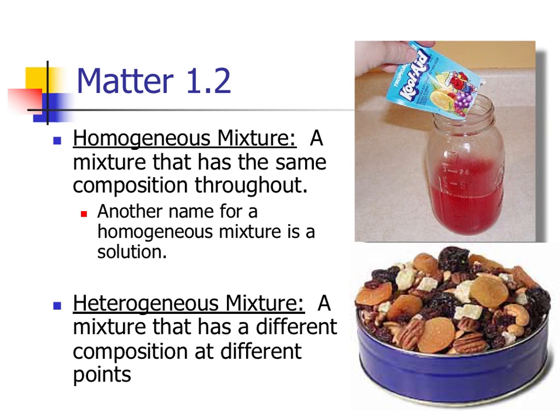Or you're a bad host and you buy trail mix that does not have any cashews and buy a bag of cashews for yourself. Okay? However, that's where you see all the different components. Now, Kool-Aid, before you put it in water, can be considered a heterogeneous mixture. But there are components within Kool-Aid that are also a homogeneous mixture, so you can have mixtures inside mixtures.